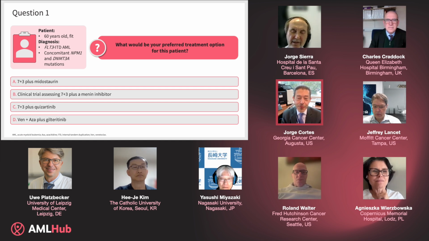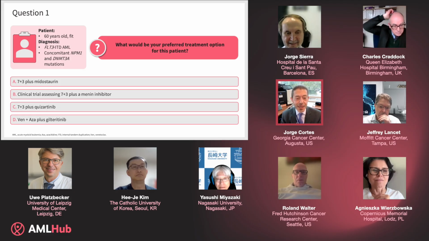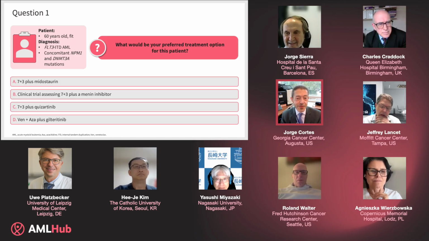But I would probably go as my first choice with the 7+3 plus quizartinib. I wouldn't use a menin inhibitor instead of a FLT3 inhibitor in this situation. What the double combination would do remains to be defined. But I wouldn't do a combination without a FLT3 inhibitor at this point.